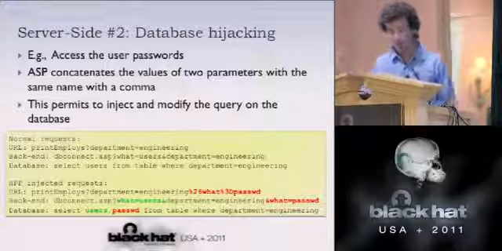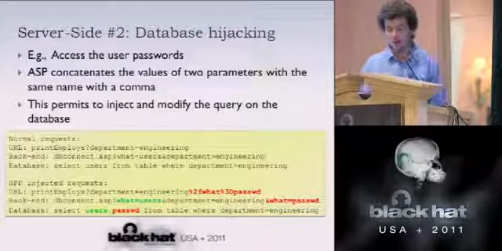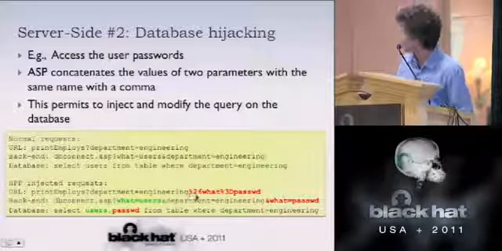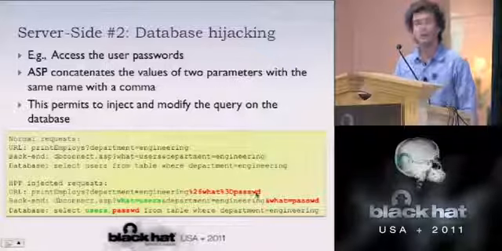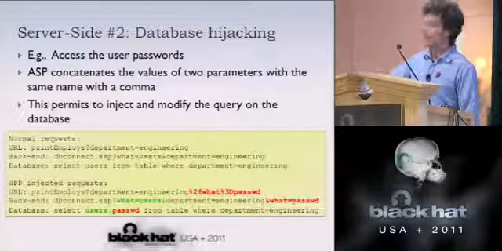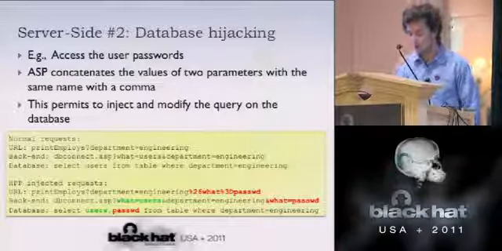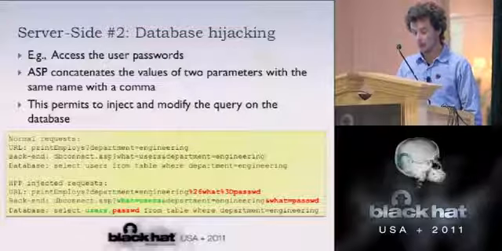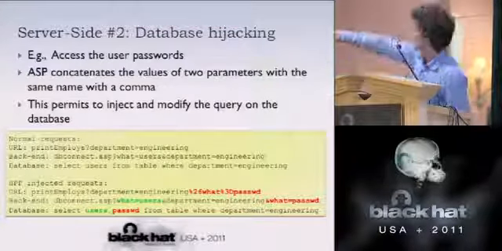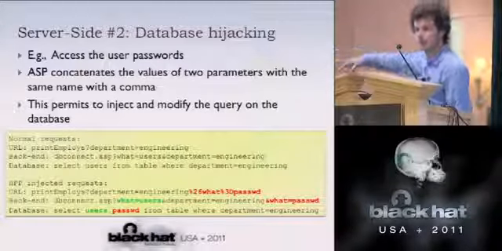Here, again, if you are able to inject into the department parameter something like this, what equal password, what happens is that the backend code will generate a query on the database that will contain not select user, but select user, comma, password. Why?